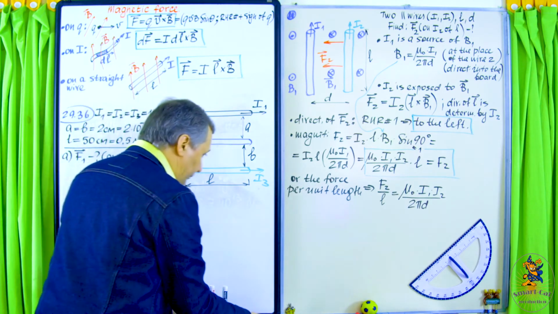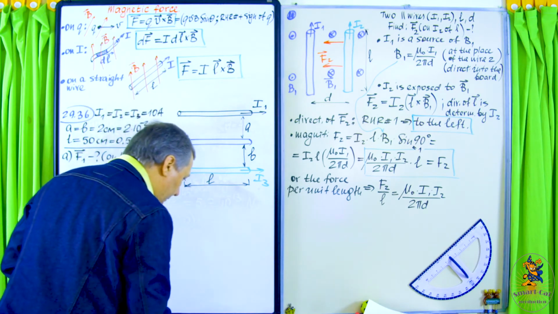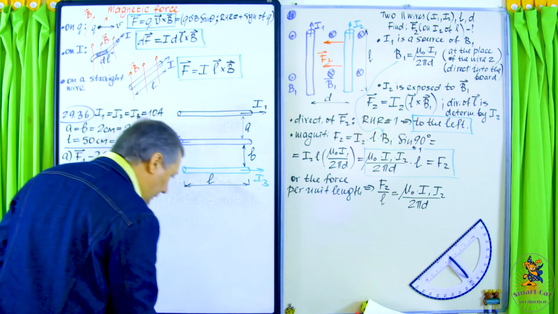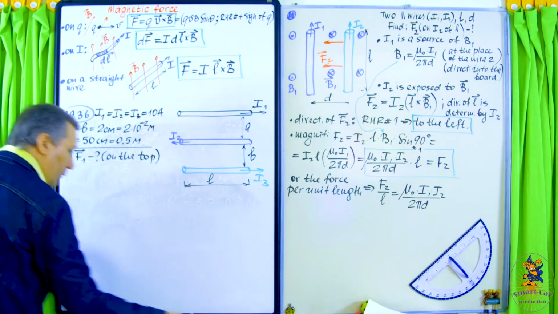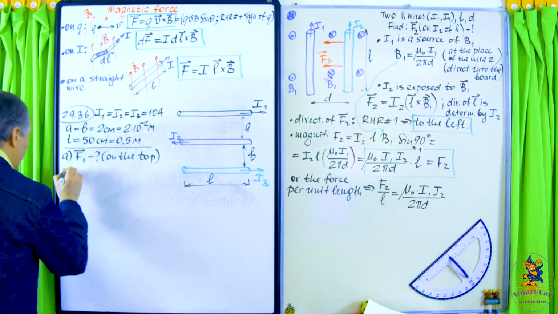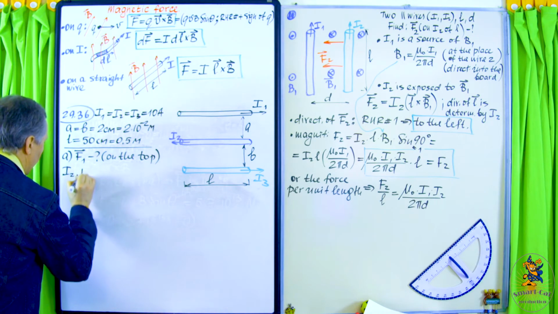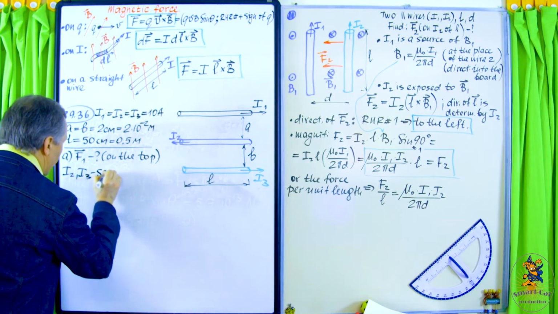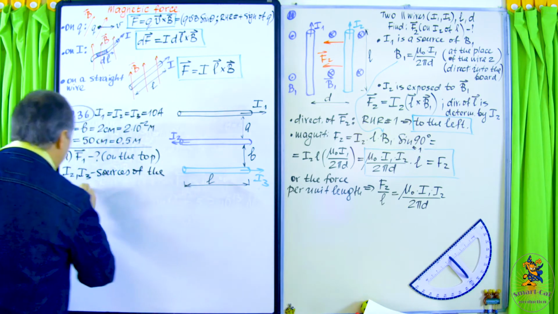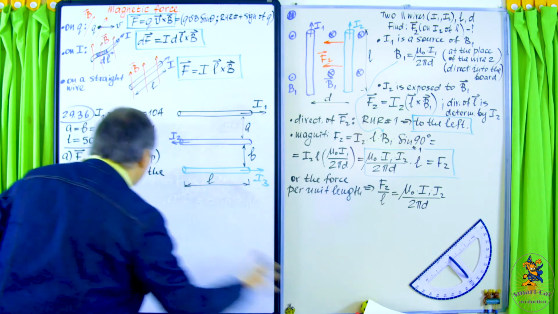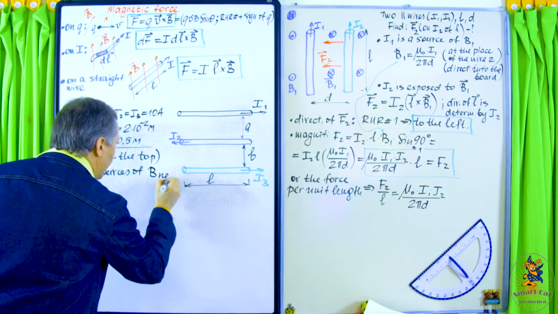So now, what else do I need to add? Yeah, F1 is given. Okay, let me write what I just told you. I2 and I3 are sources of B net.